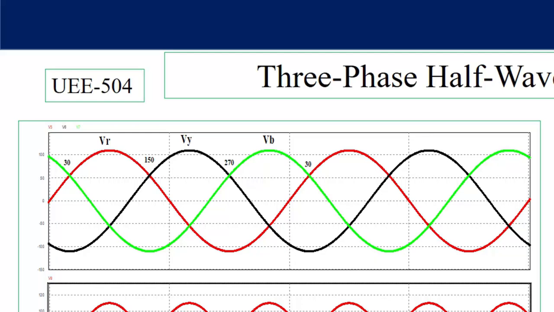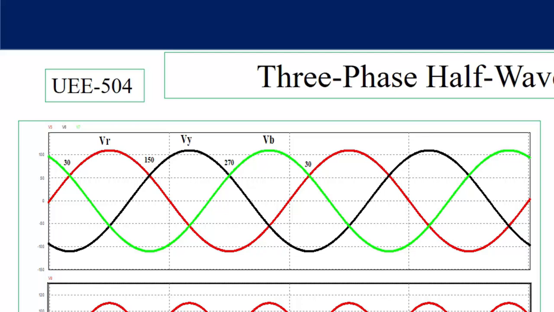Now we can see that at 30 degrees VR and VY cross each other, and from 30 to 150 degrees VR is the largest of these three voltages. From 150 to 270, VY is more compared to VR and VB. Likewise, from 270 to again 30 degrees, VB is more than VR and VY.